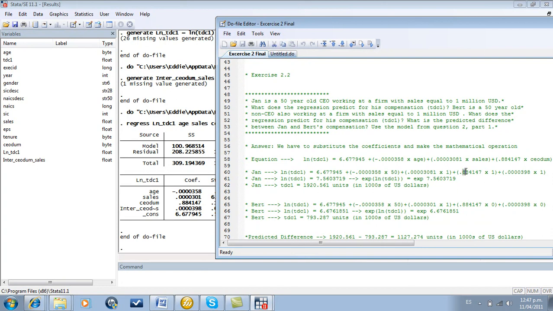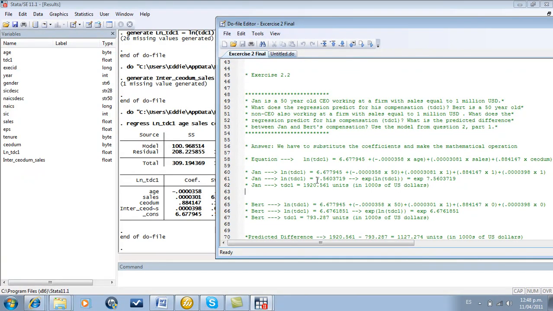plus this number, the coefficient of the CEO dummy, because he's a CEO, multiplied by 1, plus the interaction term multiplied by 1 because he is the CEO. This one is because his sales are $1 million. Okay, so we get this number, logarithm of total compensation.